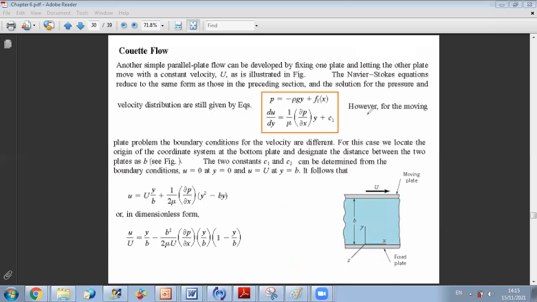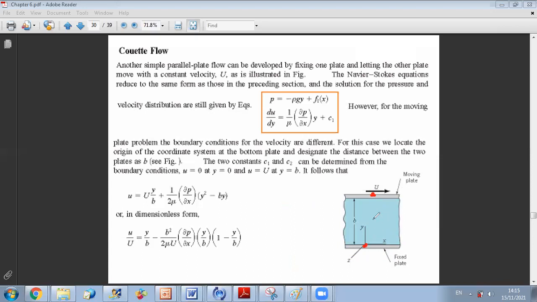So here they changed the frame's origin because it is easier for the expression, but you can still take it at the center. As in the previous case, we took it at the center because we have symmetry about the center.